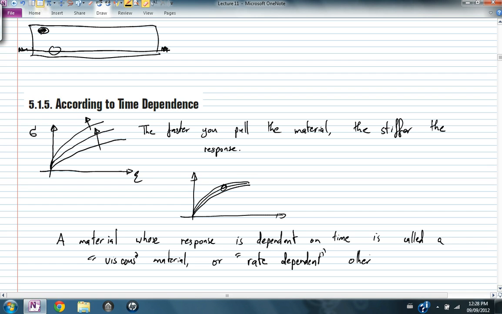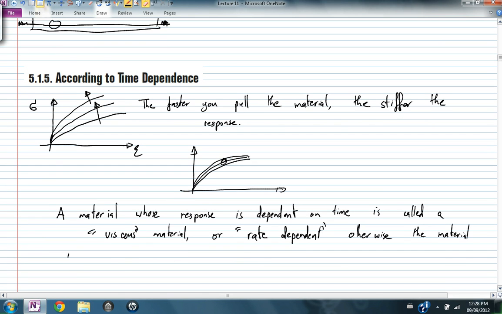Otherwise, the material is non-viscous or non-rate dependent, or maybe rate independent materials.